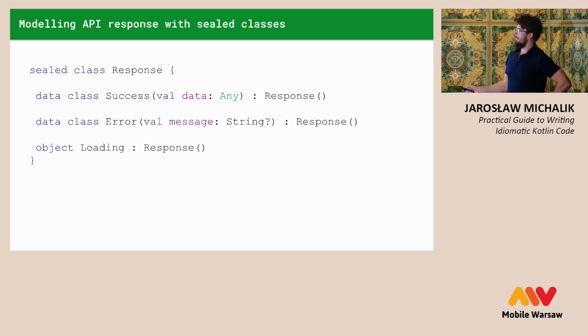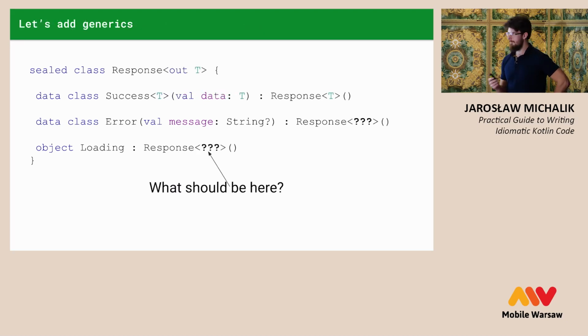But yeah, we want to be generic. So we introduce generic types to this response. And this is now a question for you. Look at this code. We have sealed class Response out T, Success, Error. What should be in here?